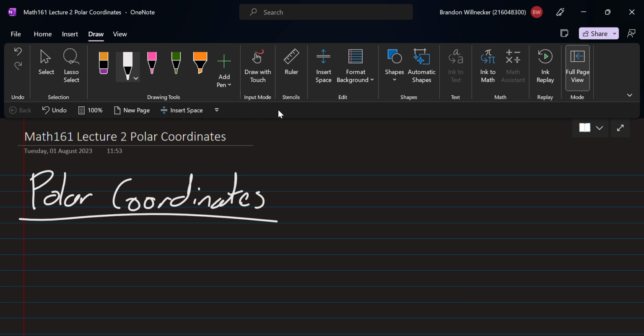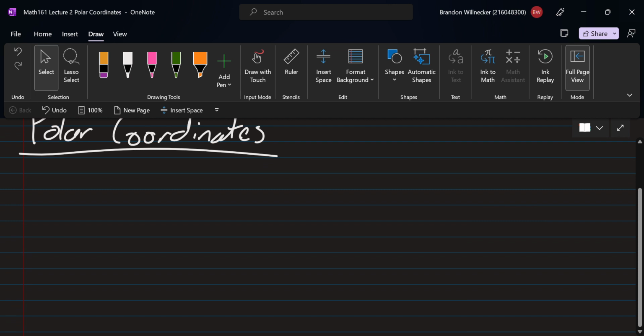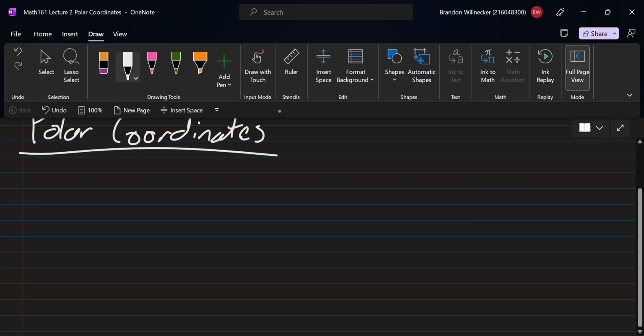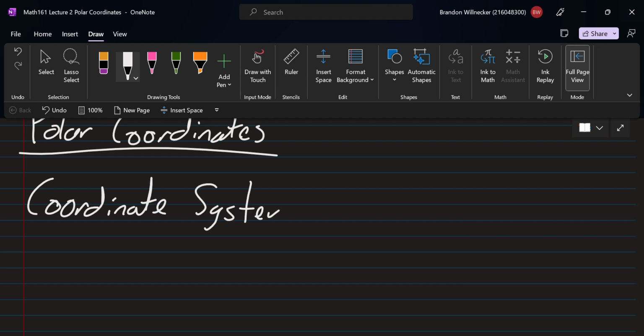Okay, so we know how to do graphs in Cartesian coordinates, y is a function of x. We're going to look at graphs in these polar coordinates. But before we get to that, what is a coordinate system? A coordinate system is a method to label points in some space.